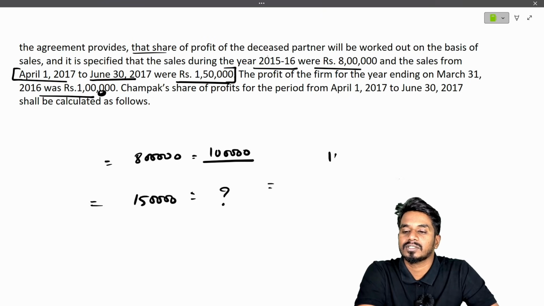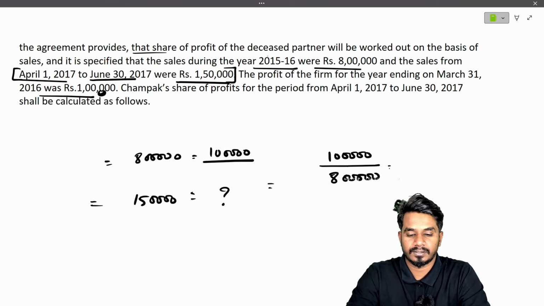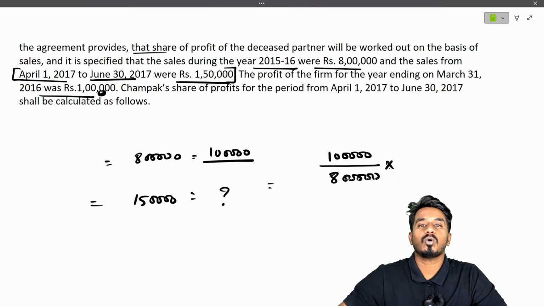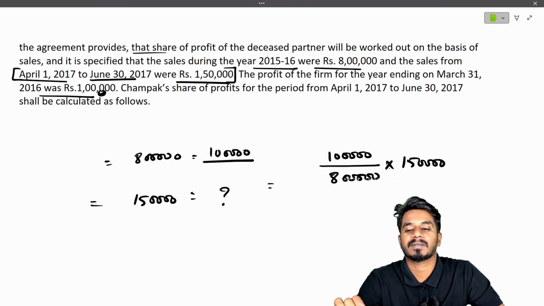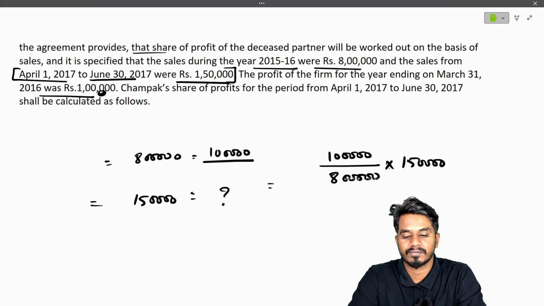Simple calculation. If they are making 1 lakh rupees out of 8 lakh, just divide 1 lakh by 8 lakh and multiply by 1,50,000.